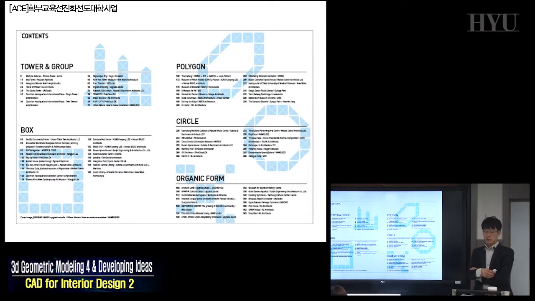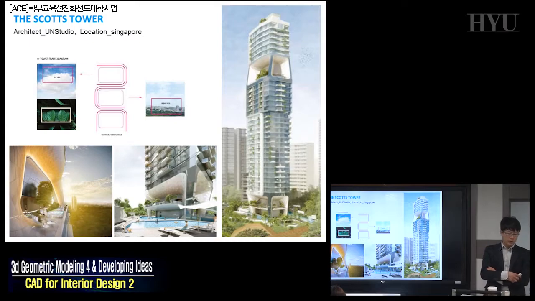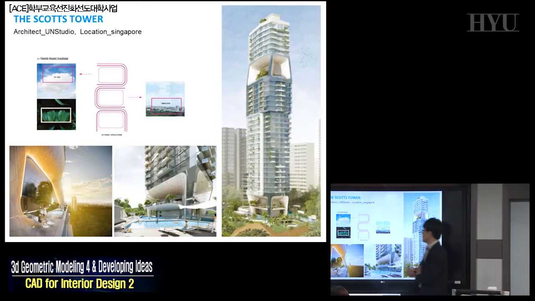Some selective works that I want to show you and share with you. Okay, this is the first one, probably within the tower category, the Scotch Tower. As you see here, this is a single high-rise building, and the building has its own visual concept anyway.